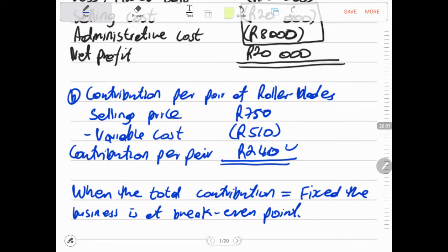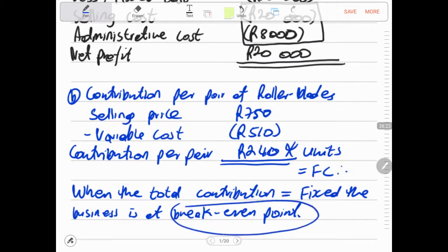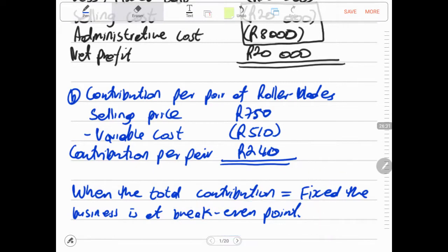The minute this total contribution is equal to fixed cost, let us say we sell 100 units or whatever the case might be, the minute we multiply this by the number of units, and this is equal to our fixed cost, that means the company will be at the break-even point. Hence the calculation of the break-even point says fixed cost divided by contribution per unit. Therefore this is the amount that will be contributing to fixed cost for every unit that we sell.